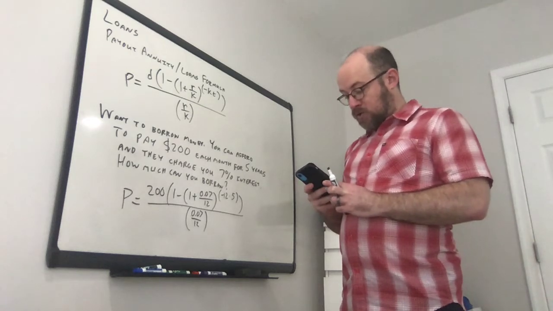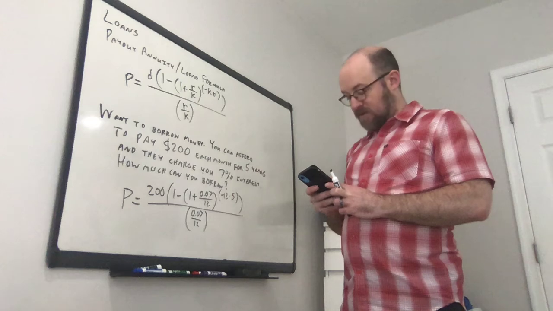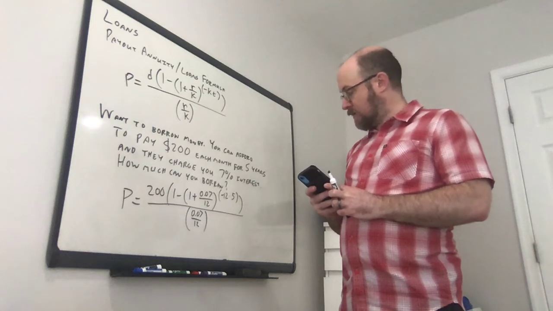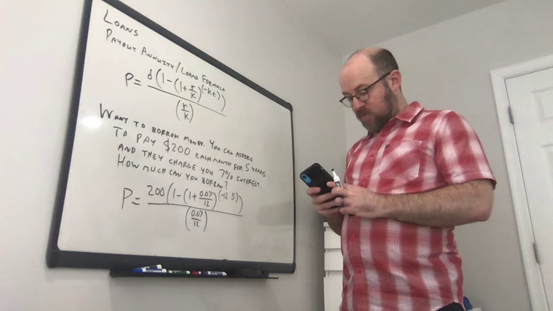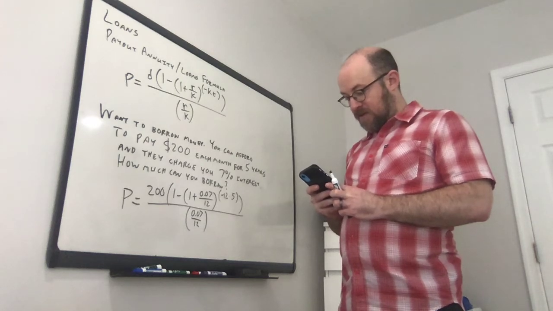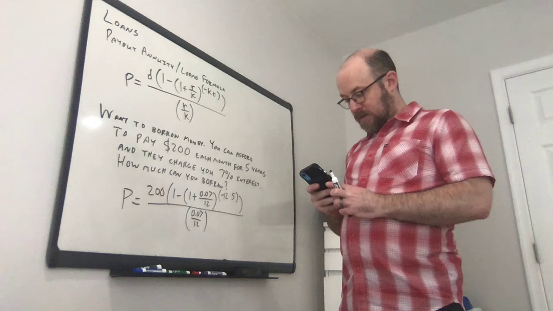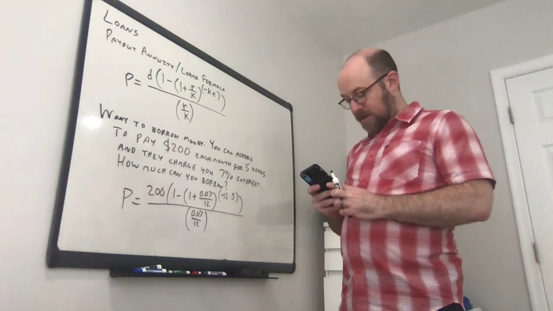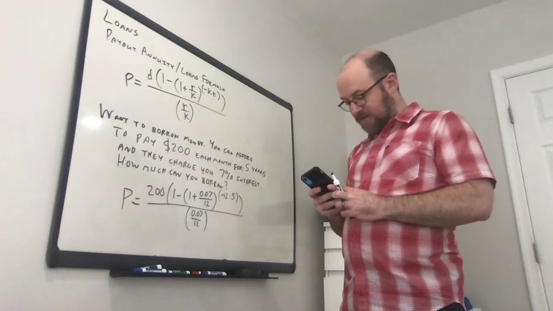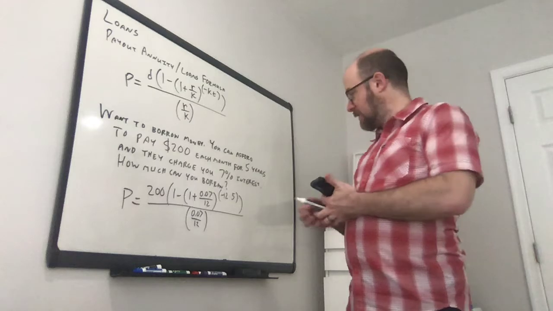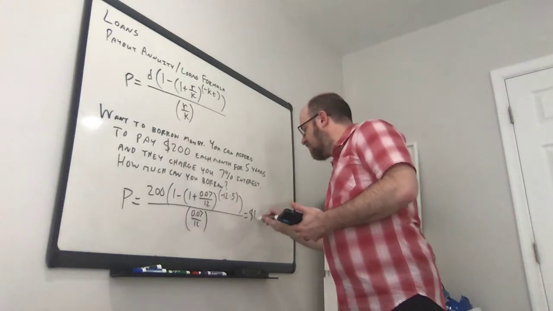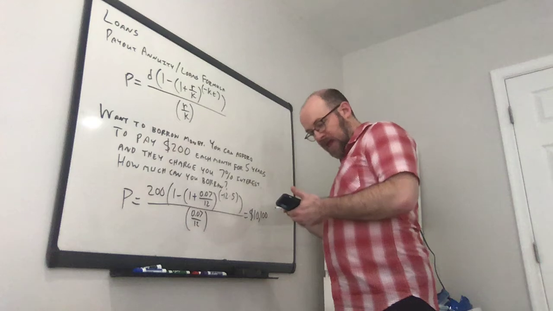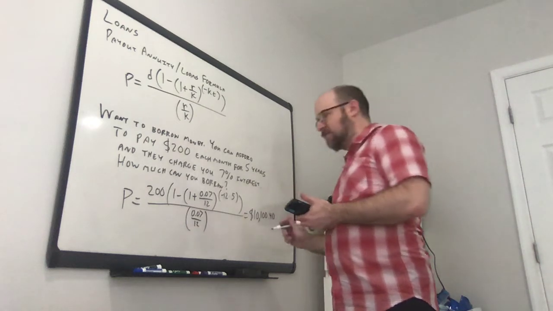So 200 times 1 minus 1 plus 0.07 over 12 to the negative 12 times 5, divided by 0.07 divided by 12, and we get 10,140 cents.